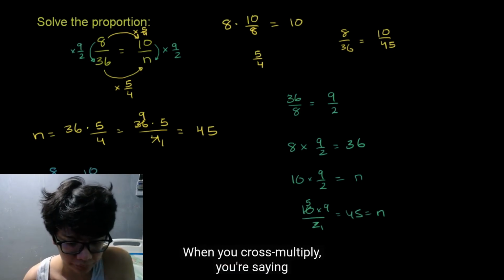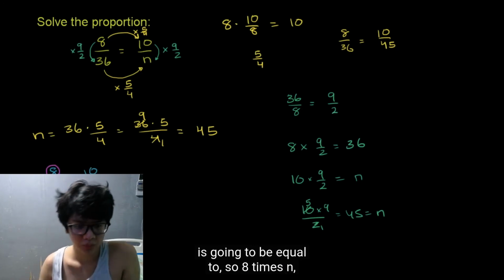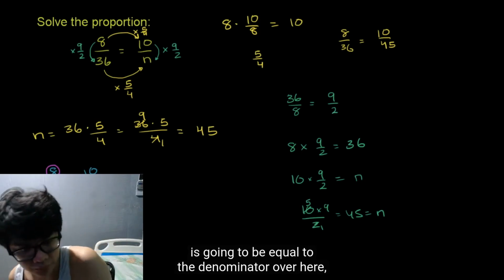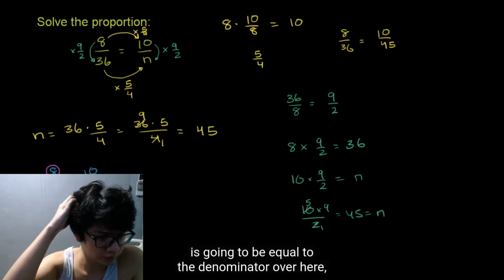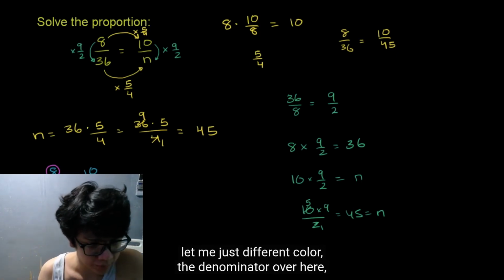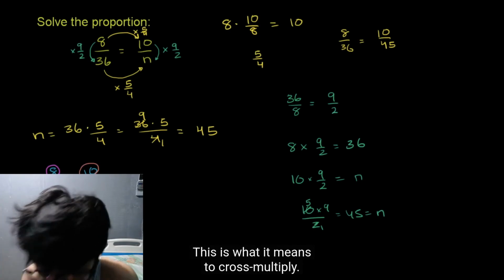When you cross multiply, you're saying that the numerator here times the denominator over here is going to be equal to the denominator over here times the numerator over here. So 8 times n is going to be equal to 36 times 10. This is what it means to cross multiply.